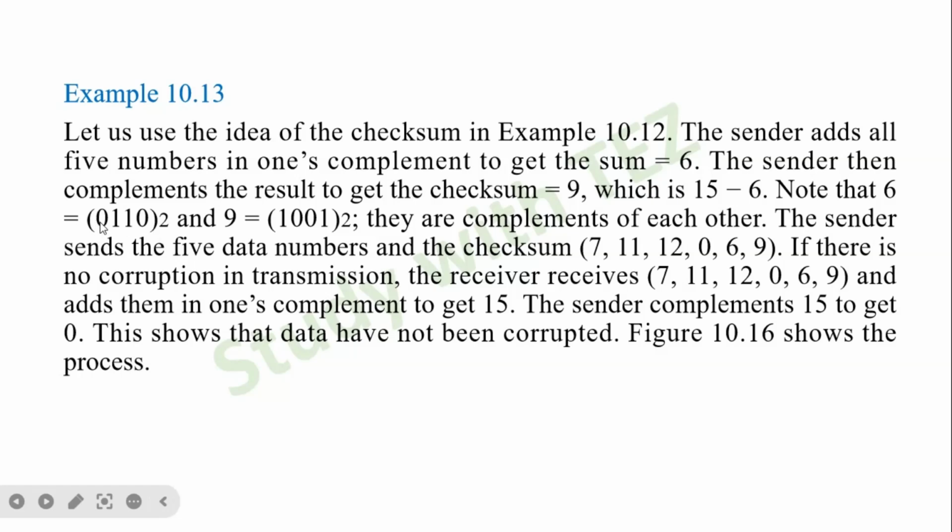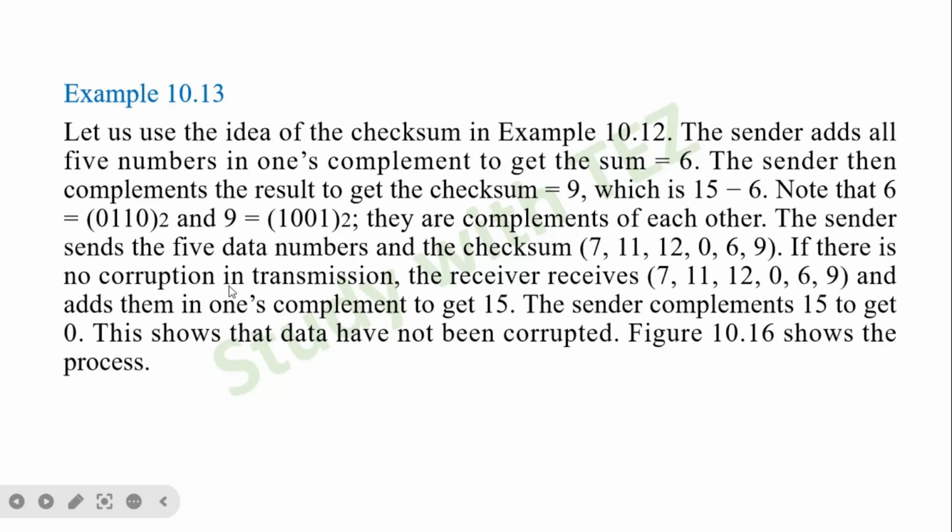If you convert this 0 to 1, this 1 to 0, again this 1 to 0, and this 0 to 1, you get this number. The equivalent of this number is nothing but 9. Either way, by taking the complement, we get 9 as the complement of 6. So instead of sending 6, we are sending 9 here.